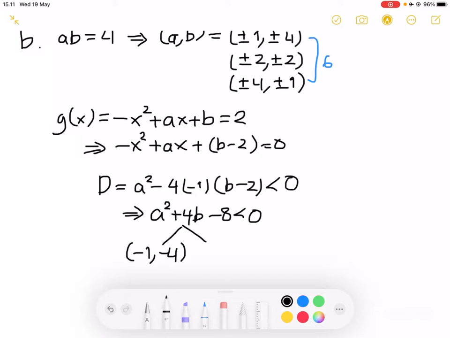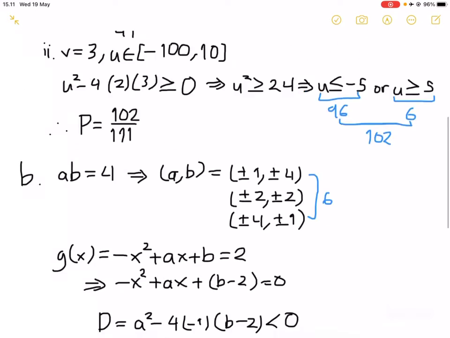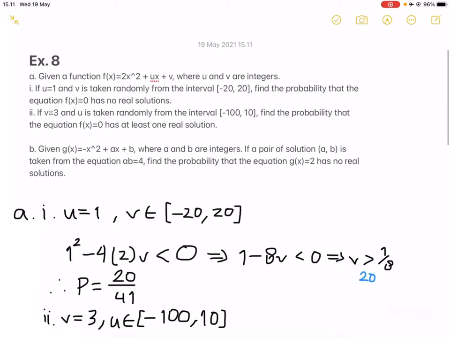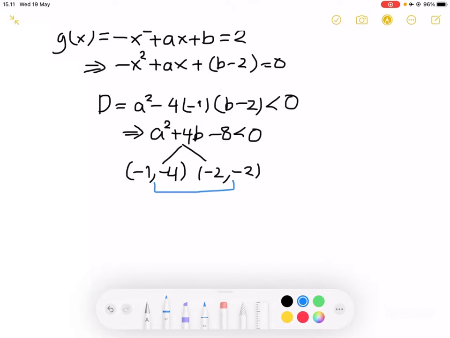And we also have negative 2 and negative 2. So a squared will give us 4, 4b will give us negative 8, and again you can check that that is negative as well. Alright, since we're being asked about probability, we have two ways such that our equation g of x equals 2 has no real solutions.